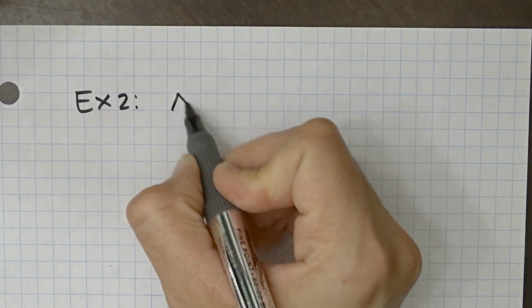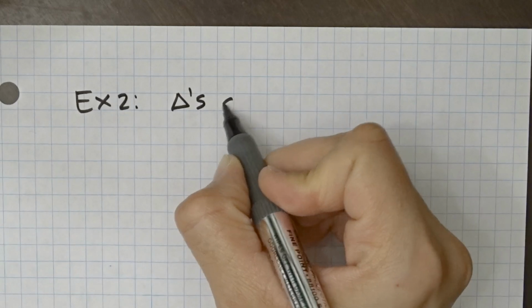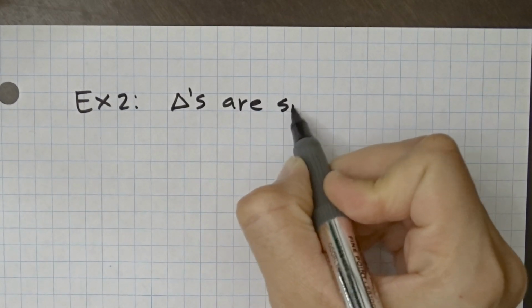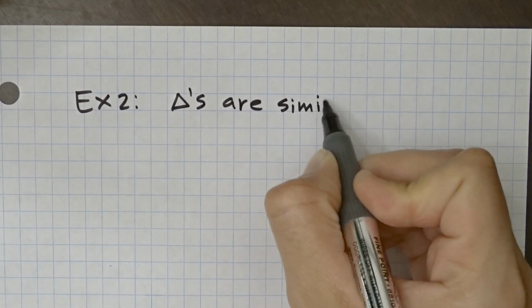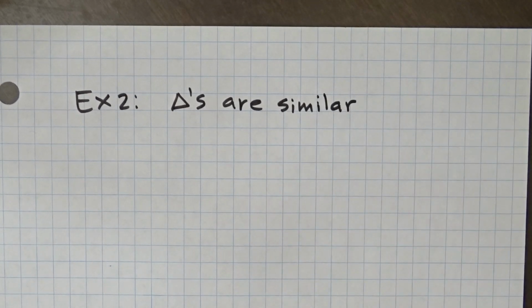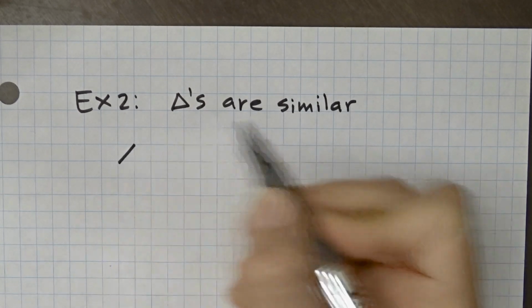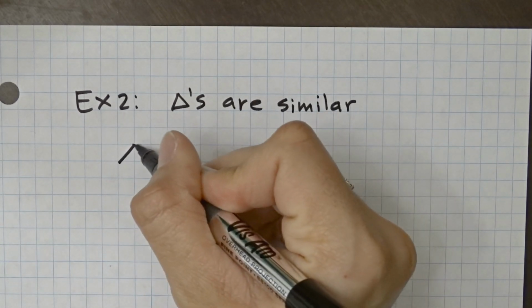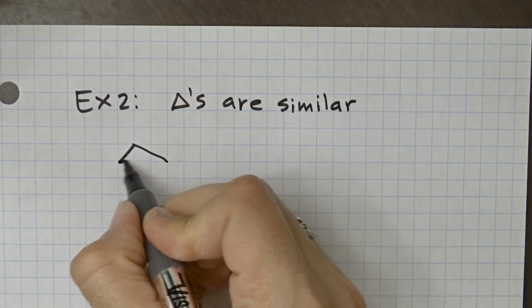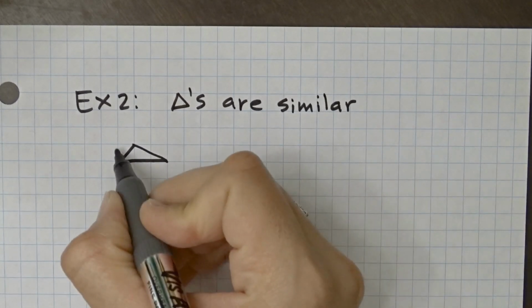So they're given the information that the triangles are similar. So we're given the fact that these triangles are already similar. So we're just going to use that data.